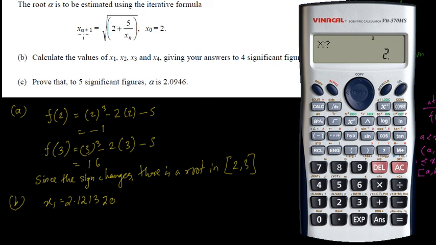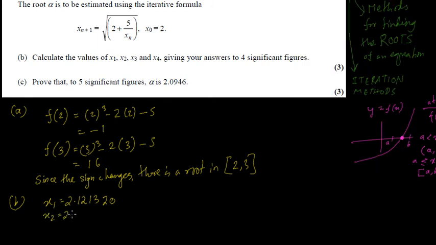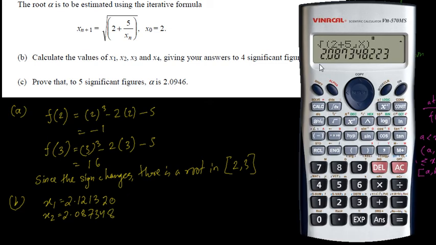Now for x2 you need x1. x1 is a huge value that you don't have to write down. You can just press this button, answer, because whenever you press answer, it is stored here. Now let's press the equal to sign. So this is x2, 2.087348.